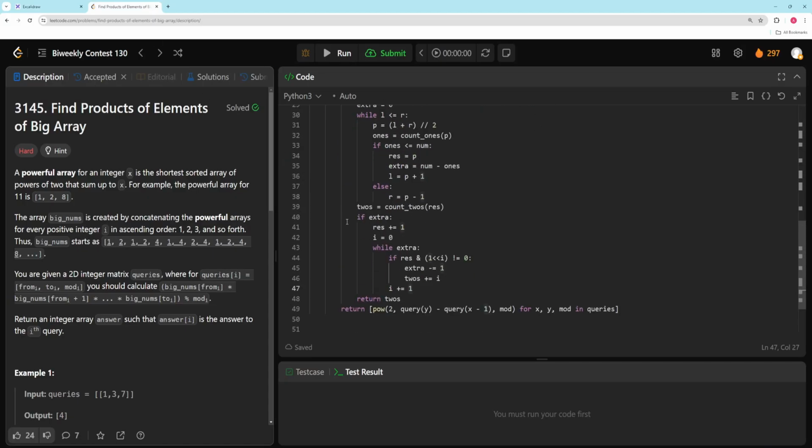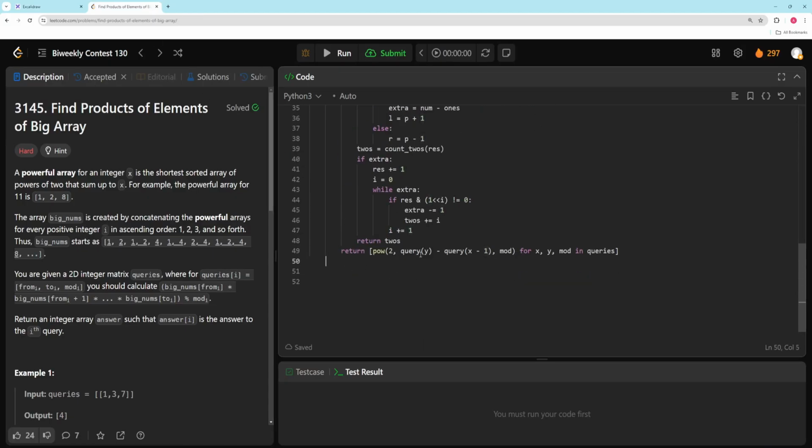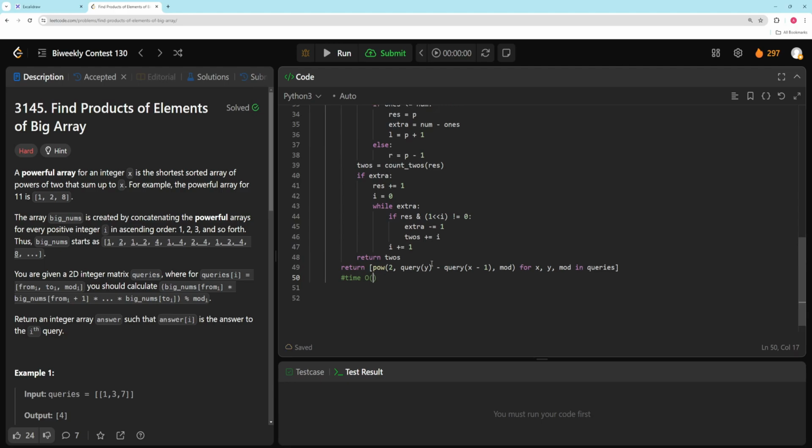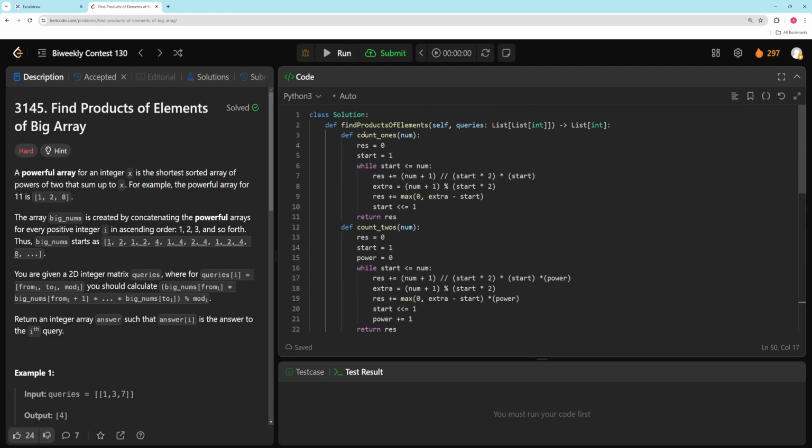And yeah, so let's go through the runtime for all this stuff as well. So for this one, for each query, you basically have to do a count 1s and count 2s. So count 1s for a number is going to be log of that number, because going through all the bits of a number is logarithmic.